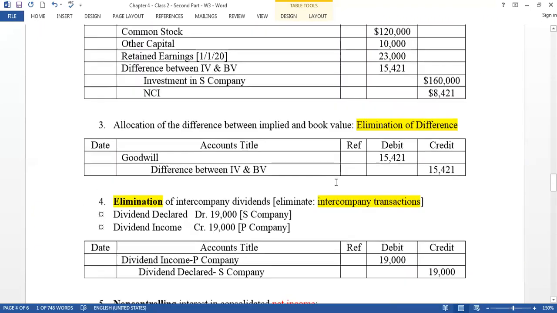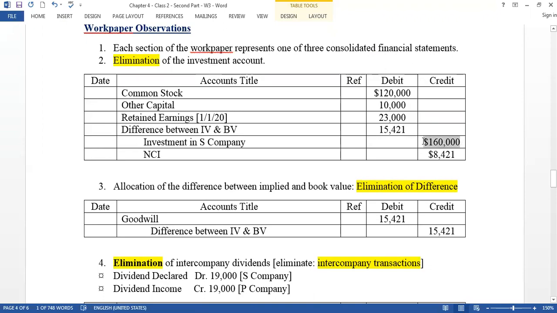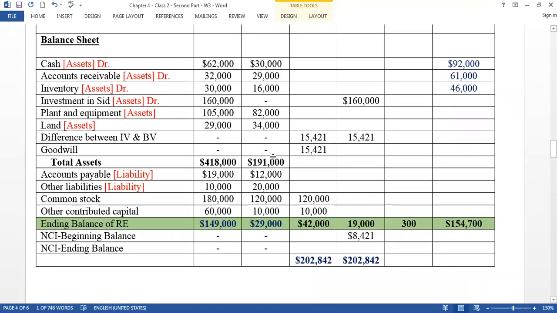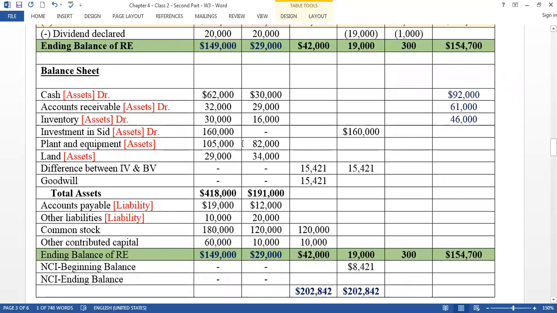You can see this one: debit 160, credit 160, we don't have anything, zero. Then plant and equipment, normal balance debit. This is the parent company's equipment debit and the subsidiary company's equipment debit, debit and debit plus, and it is $187,000.